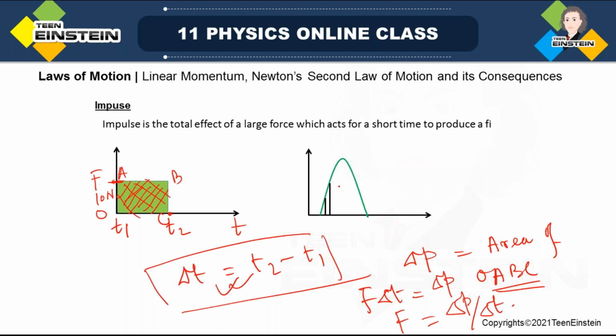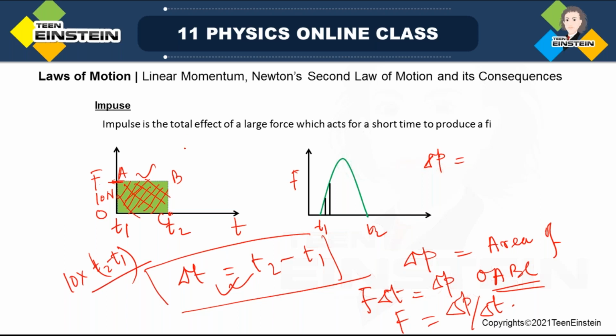Now if you have a non-linear or non-constant force, the force is actually changing with time like this. Suppose t1 here, t2 here. The force is not a constant quantity. In this case, if you want the change in linear momentum, see, in the previous case it was a simple area: 10 Newton times t2 minus t1, the time interval.